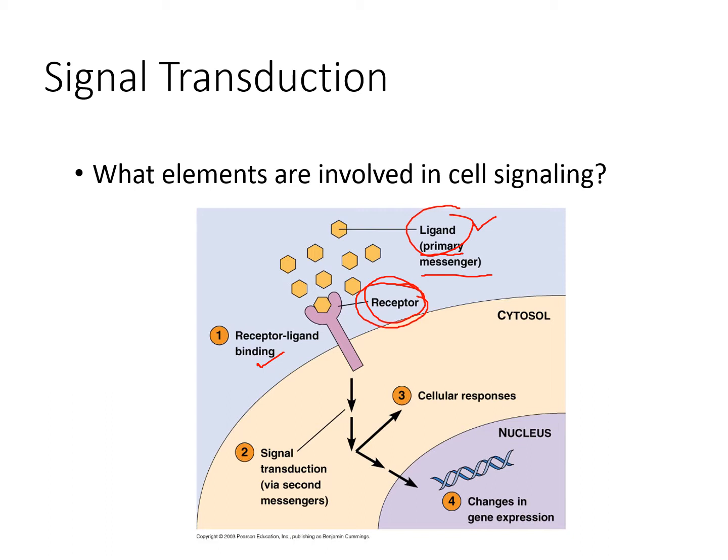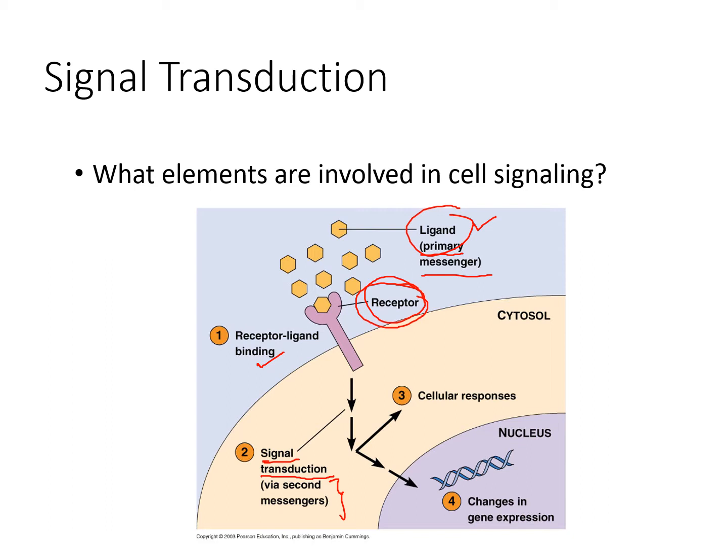So the binding of this ligand on a specific receptor, which later will convert that interactions to the signal transduction. Okay, so the second component involved is the signal transduction, and this can be achieved via second messengers. There are various types of second messengers, and we will look into a few examples later in this session.